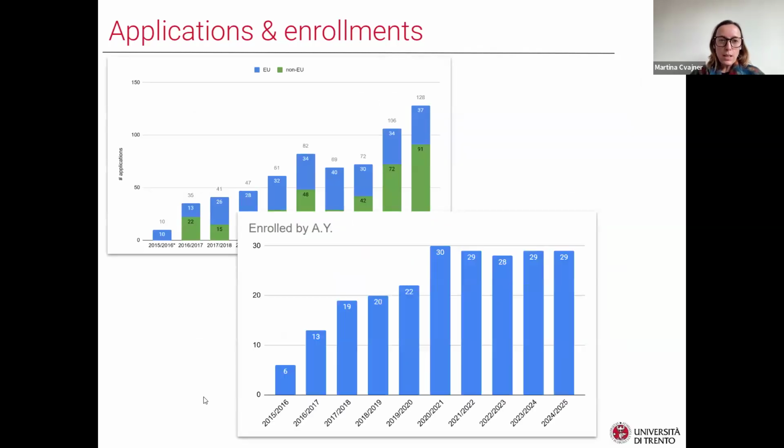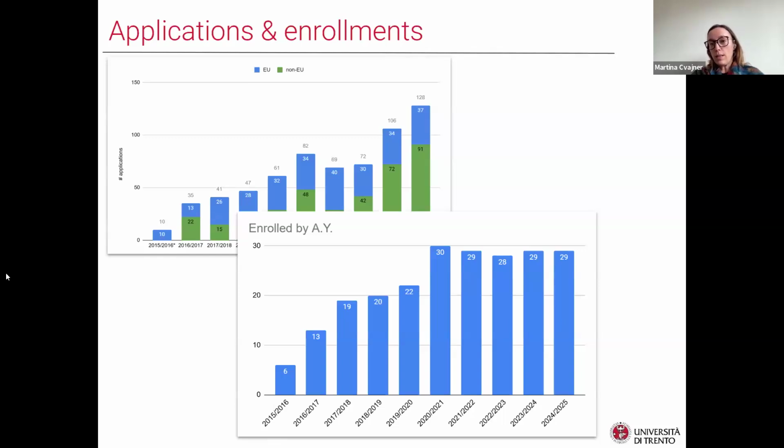Yes, the next cohort is going to be our 10th cohort, 10th year, and as you can see here, we have been steadily growing over the past years of our master.